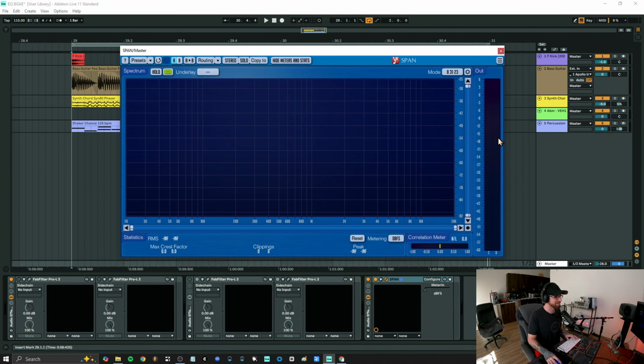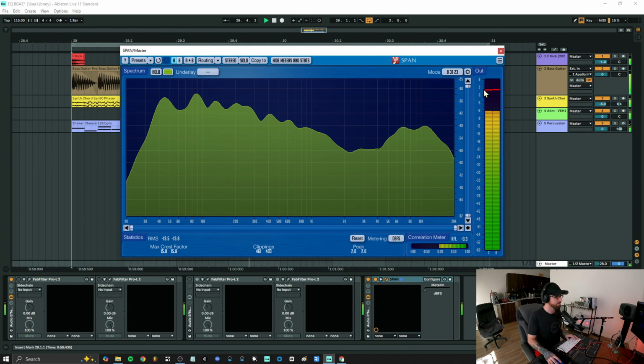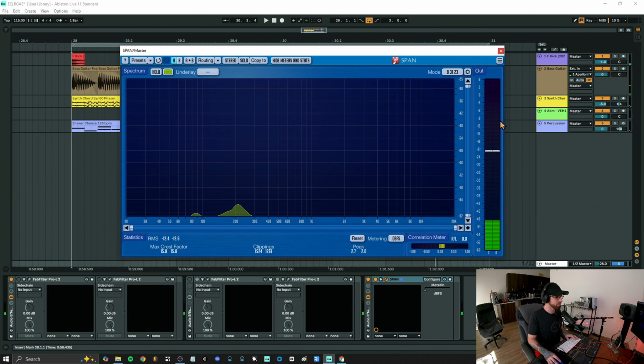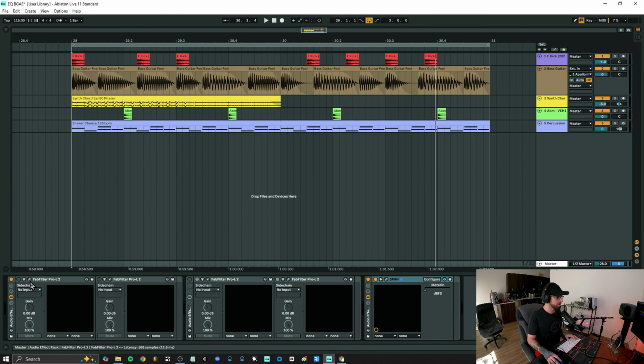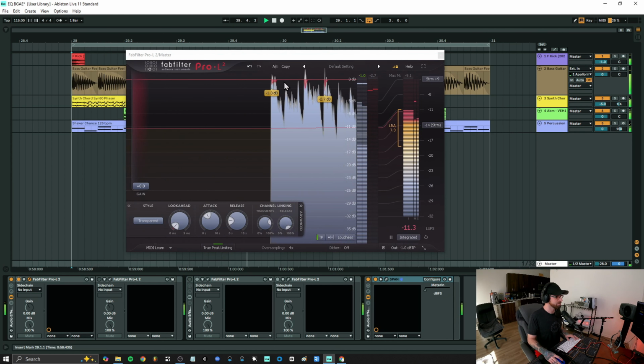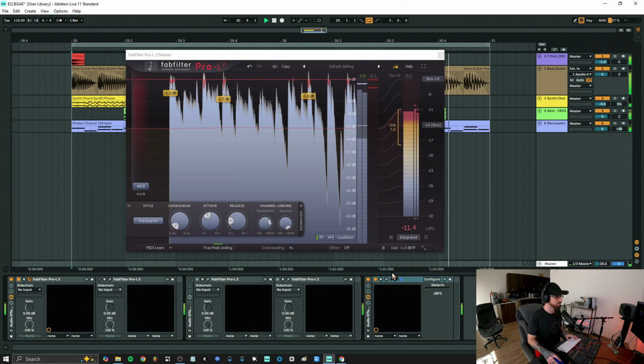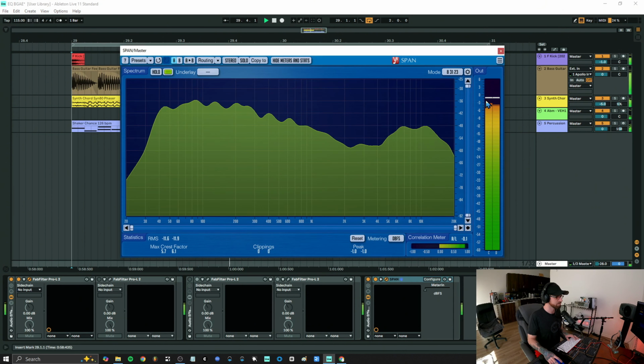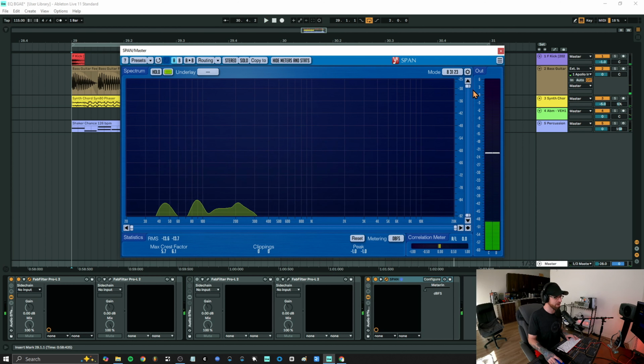We would be surpassing 0. You can see how our meter is in the red here. If we add a limiter, then it prevents us from actually hitting 0. You can see how it's pinned right up to 0, but it's not actually going into the red.